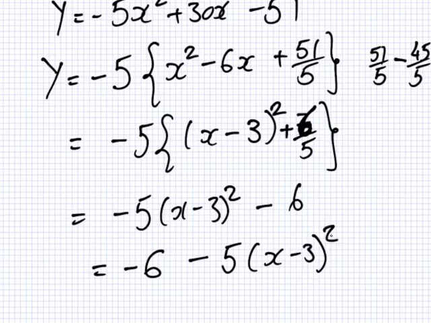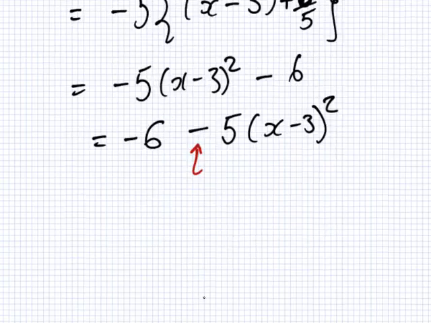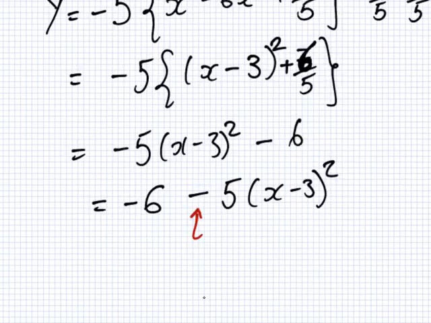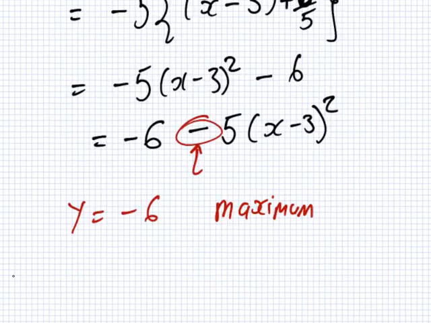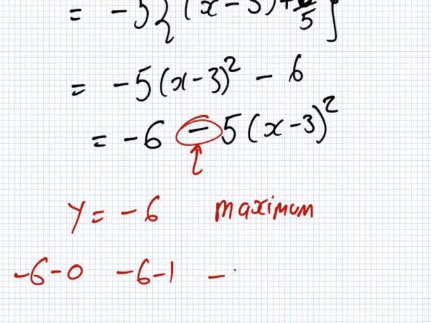Now this one is a little different because there's a minus here. So y equals minus 6 is the maximum, because you can make it smaller and smaller and smaller because you have the minus here. So for example, you could have minus 6 minus 0, minus 6 minus 1, minus 6 minus 2.